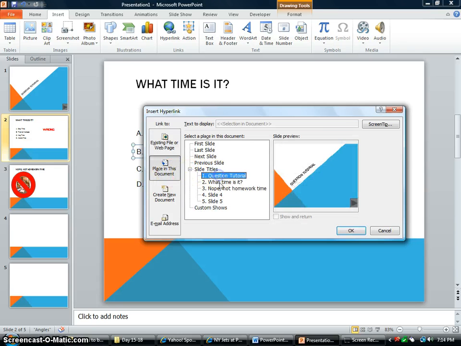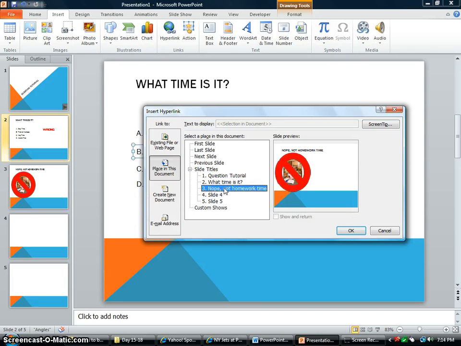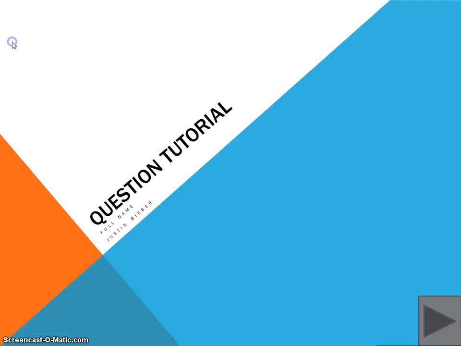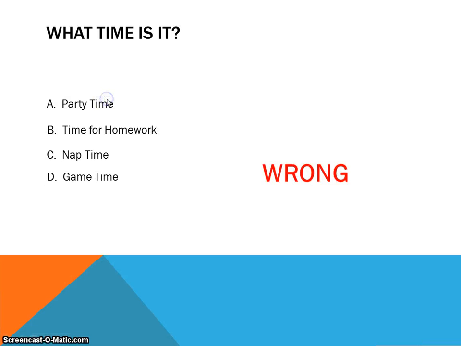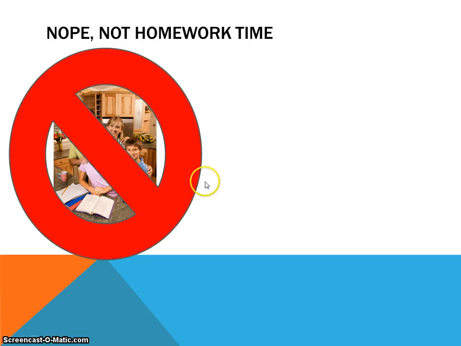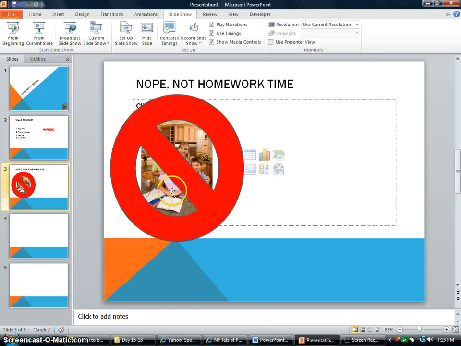From here I have a list of all my slides. I want this to go to the one that says Nope, Not Homework Time. So I select that one and press OK. Let's see if it worked. I think it's going to work because it turned into a hand. Yes, it worked. Nope, not homework time.